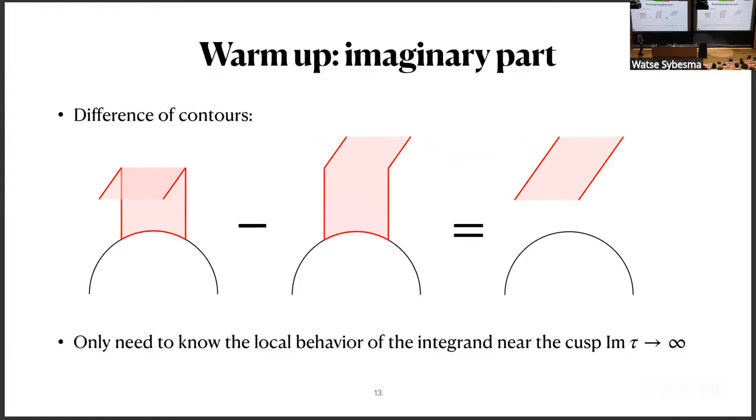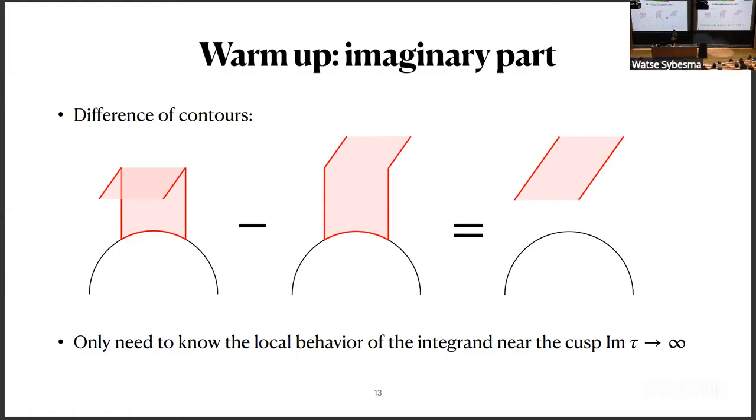So let's first do the easier part, and let's first compute the imaginary part of the amplitude. So the imaginary part of the amplitude fully comes from the region where the contour folds in this region, because the integrand is real, and so it's real for the usual moduli. So this part of the integral will only give real results. So if you want to compute the imaginary part of the amplitude, it's quite simple.